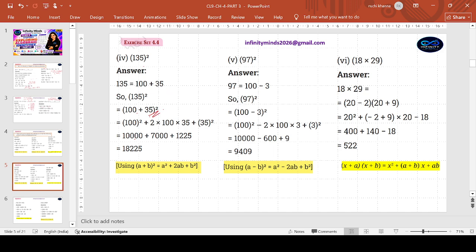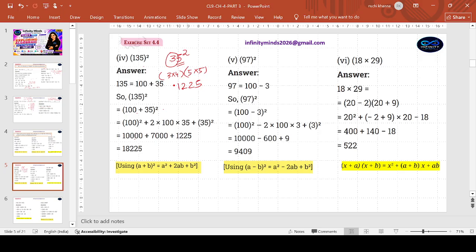35 square. Yes, as I've been telling, those who watch Infinity Minds video will get to certain tricks in between also. See, getting a square of a number ending with digit 5. Why did I break it as 100? 3 into the next counting number, 3 into 4, 12, and 5 into 5. That's our answer.